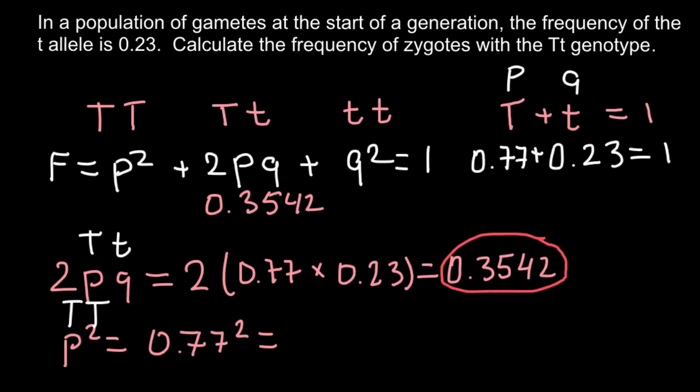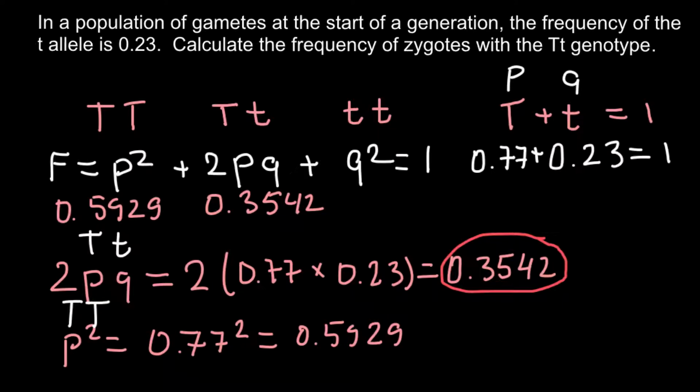If we square this number, we get 0.5929. Once again, this is the frequency of the homozygous dominant genotype.